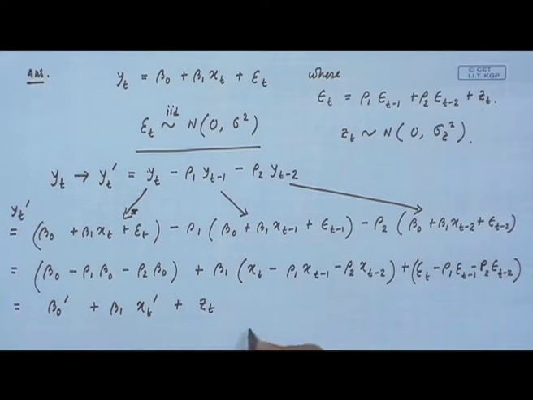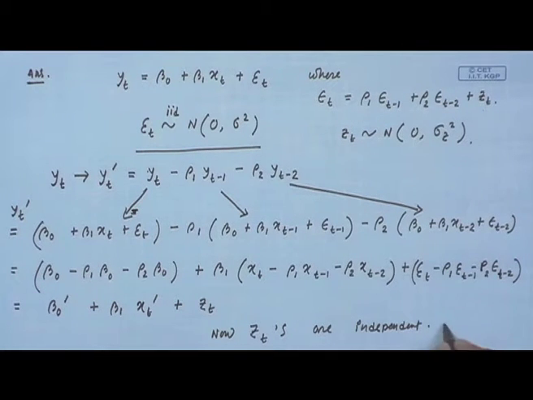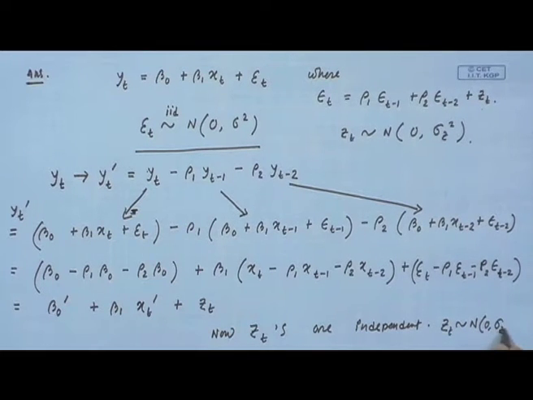This z t is now independent. Okay. And also we know that z t follows normal 0 sigma z square.